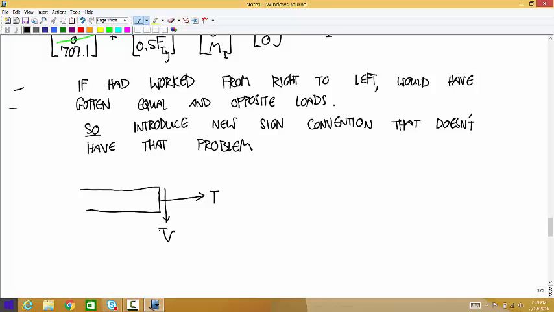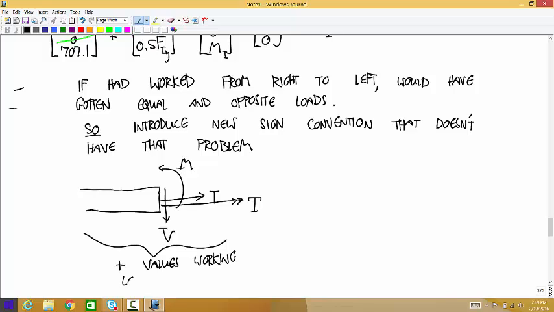That's a positive shear force. That's a positive bending moment. And the torsion I'll make with a fancy T. Okay? So these are all the positive values working left to right. What was what? Shear force.